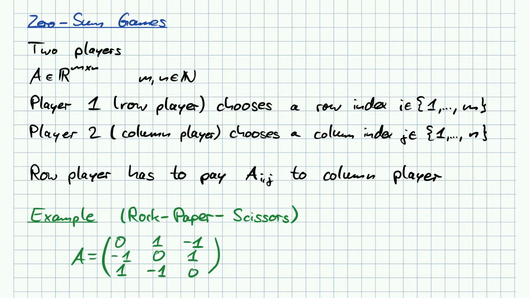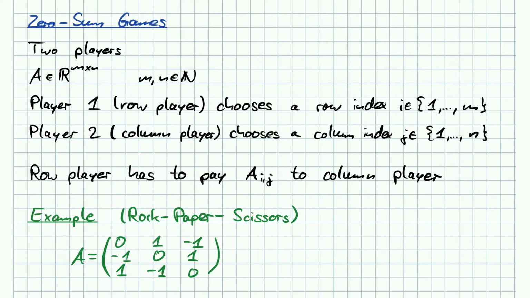And both of them choose one of these three strategies, which means that the row player is choosing one of the rows, the column player is choosing one of the columns. If both of them choose the same, we have a tie, so there's nothing happening. Otherwise, this now depends on the combination that we would see.